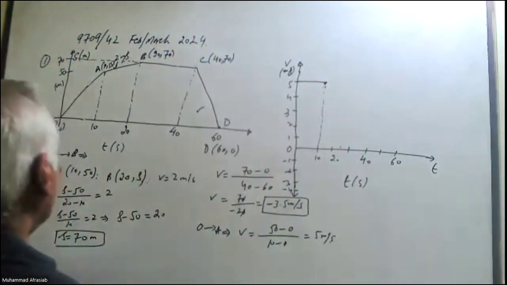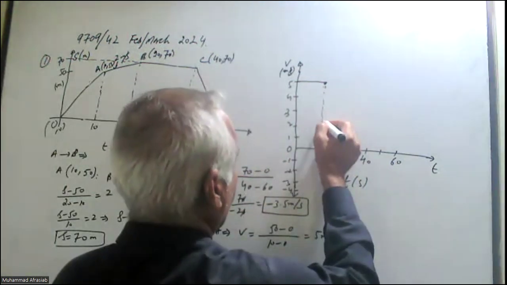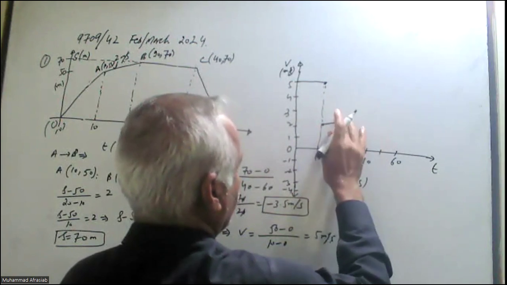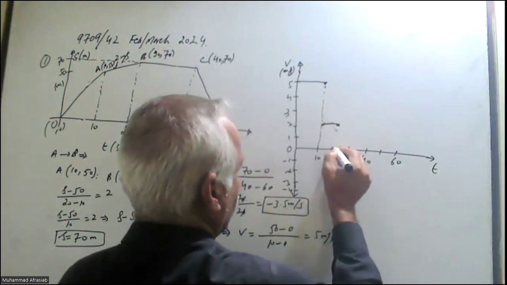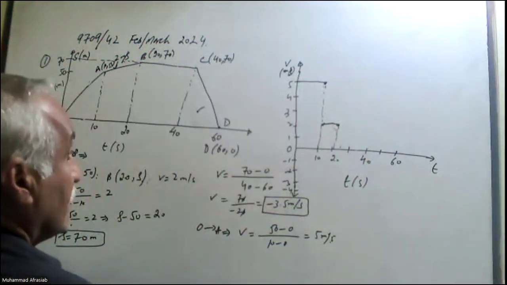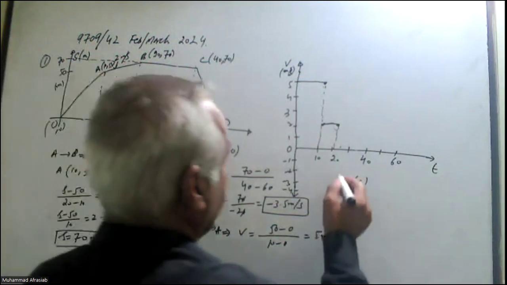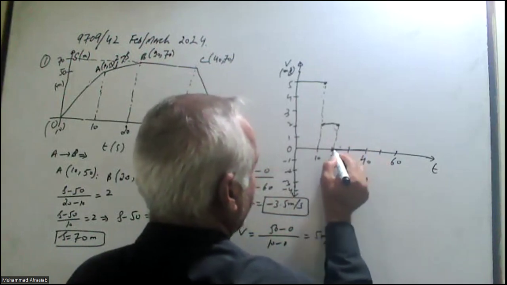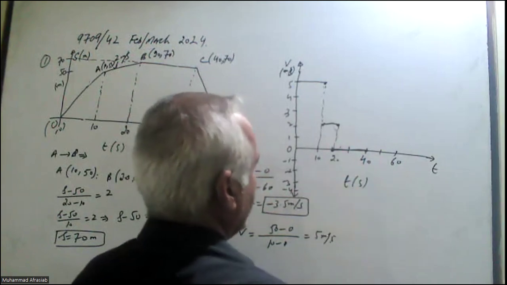Then from 10 to 20, its speed is 2 meters per second, so we draw this portion from 10 to 20. Then from 20 to 40, it is at rest, so this is the graph from 20 to 40.